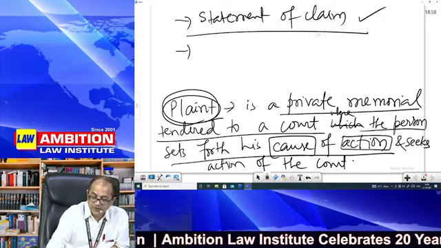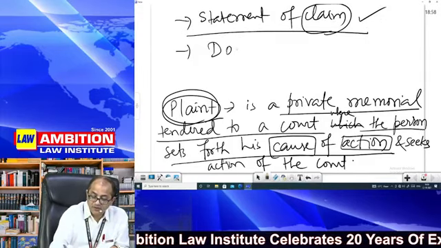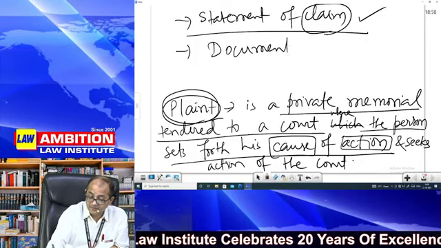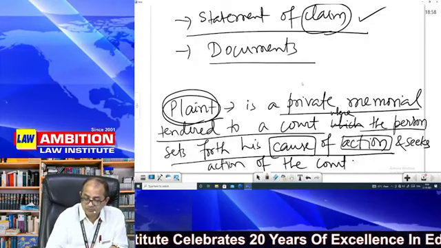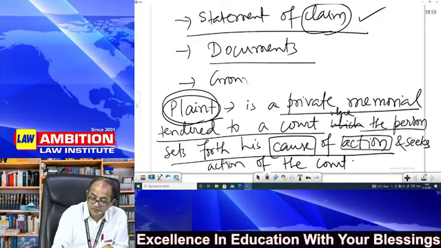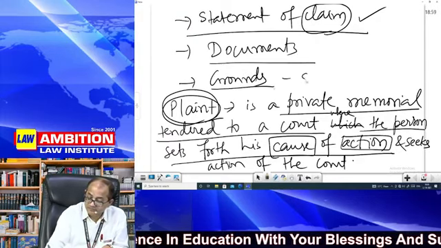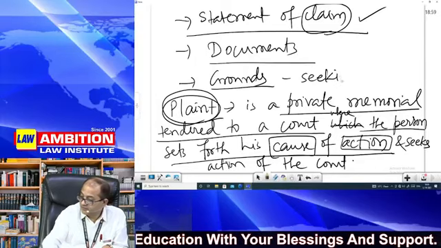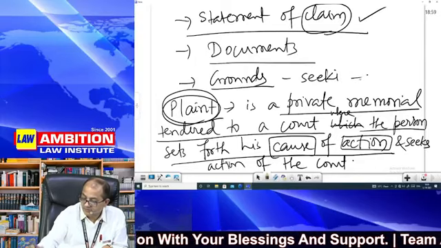Of course, your claim should be supported by documents, if there is any. So don't forget Order 7, Rule 14. Then it should mention the grounds on which you seek action. So this is very brief.